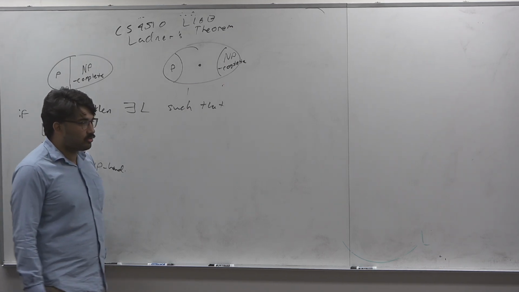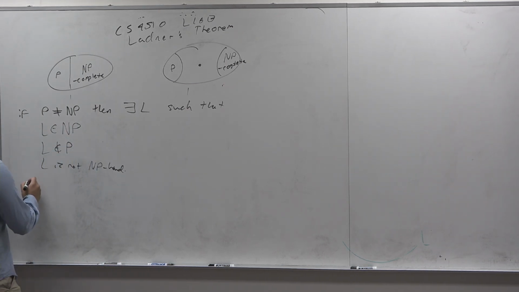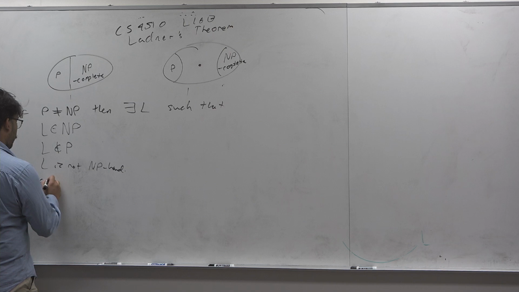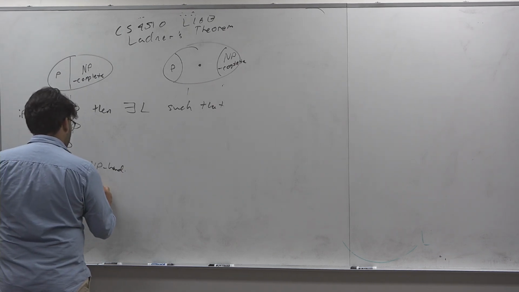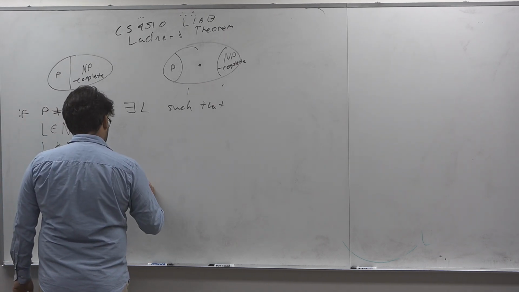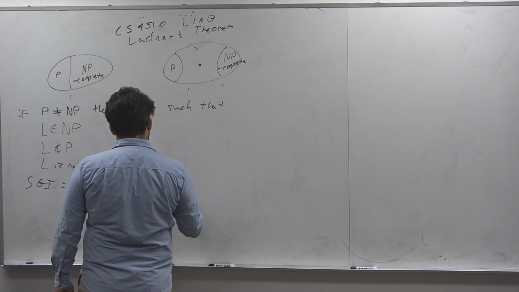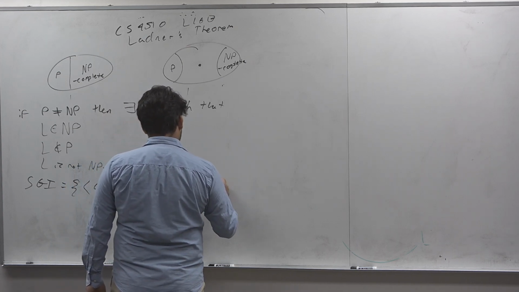Recall the subgraph isomorphism problem, right? The subgraph isomorphism problem was, does G contain a subgraph which is isomorphic to H, so the input is G comma H, such that G has H as a subgraph.